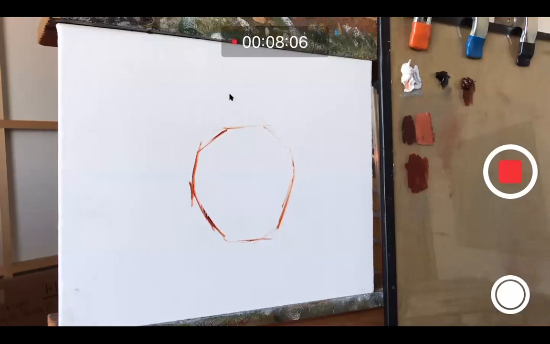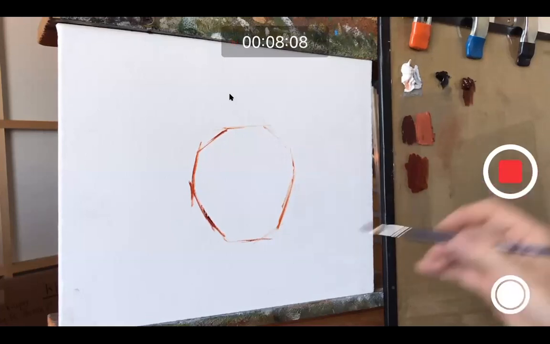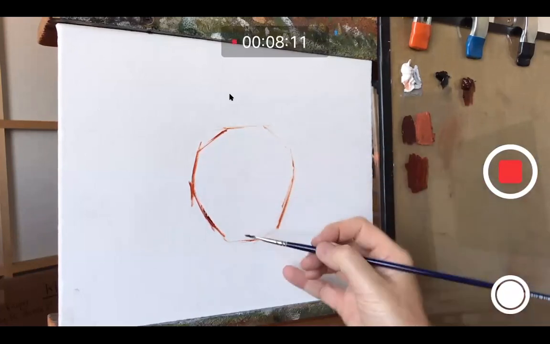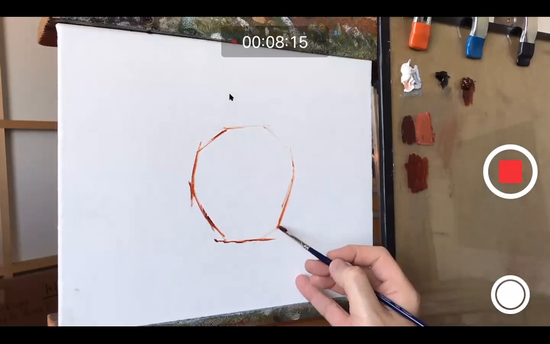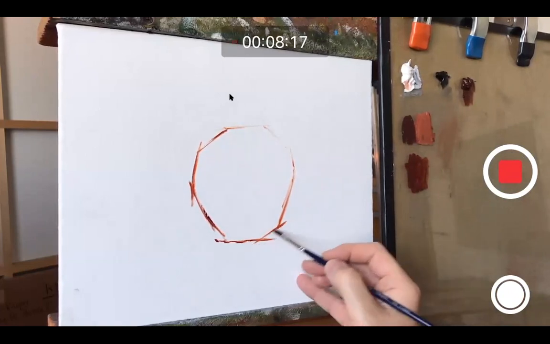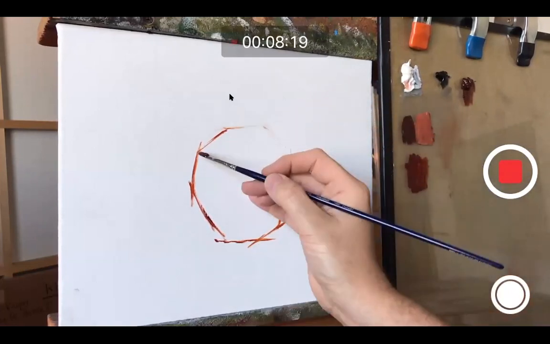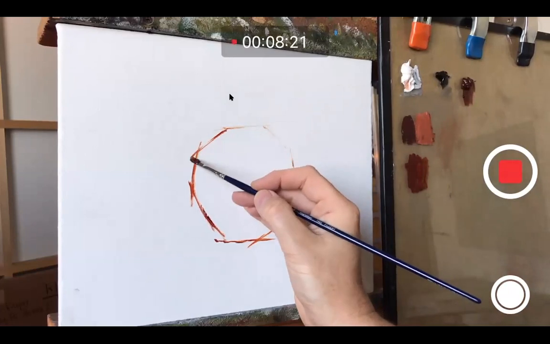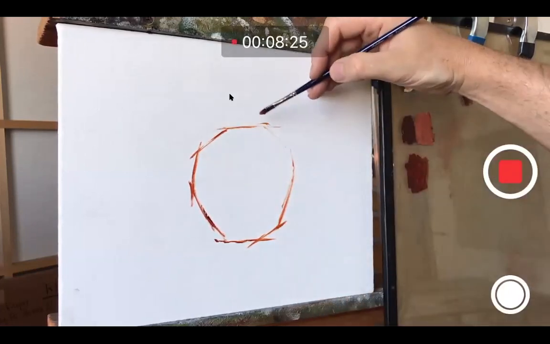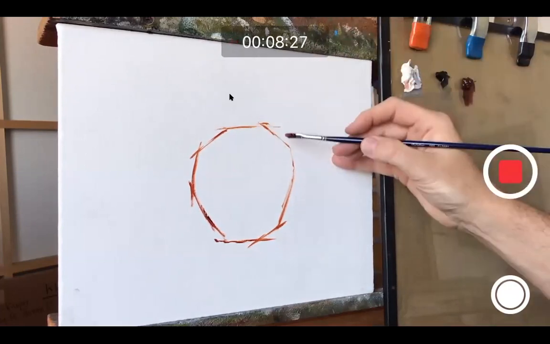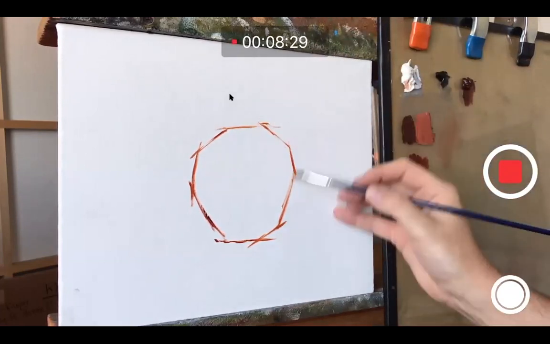Something I want to say about drawing. I mentioned when we drew the cone the other day that I was setting up what I call construction lines, and I'm doing the same thing in blocking in the drawing of this Asian pear.